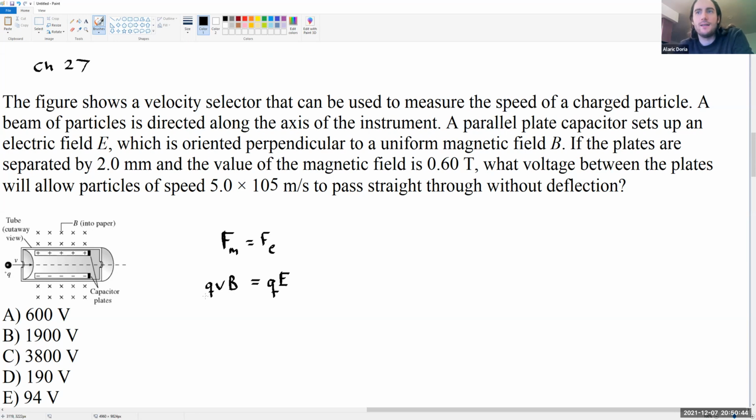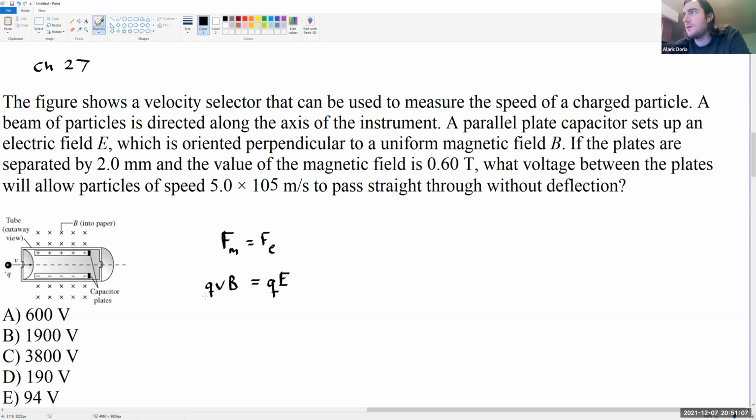In this case, the magnetic force and electric force by design are going to be anti-parallel. They're going to be on the same axis. And the magnetic field and electric field are perpendicular to each other and perpendicular to the velocity of the particle.